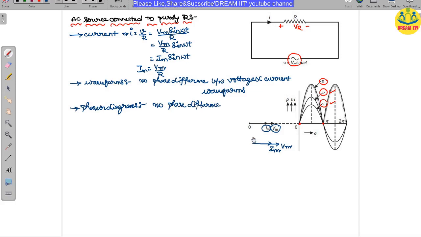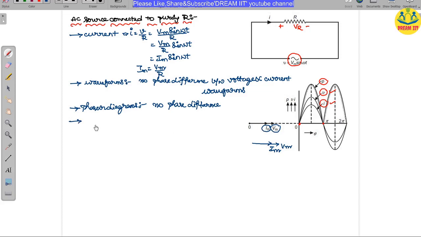I think you know the meaning of the phasor. Using the phasors, we are drawing the phasor diagrams. Phasor means a vector whose length is the magnitude Vm, which I also explained in the last video.